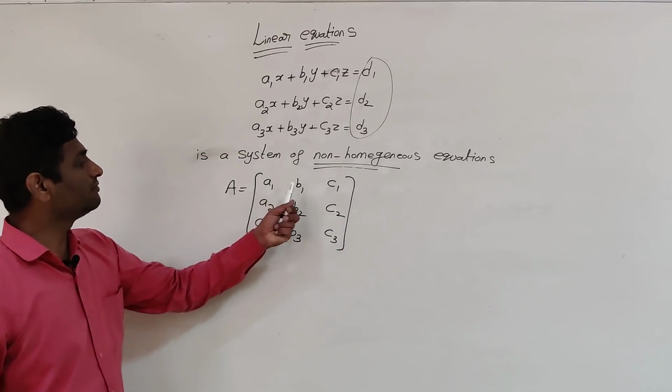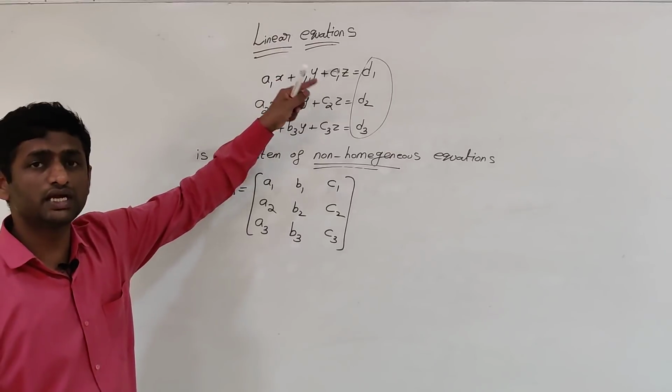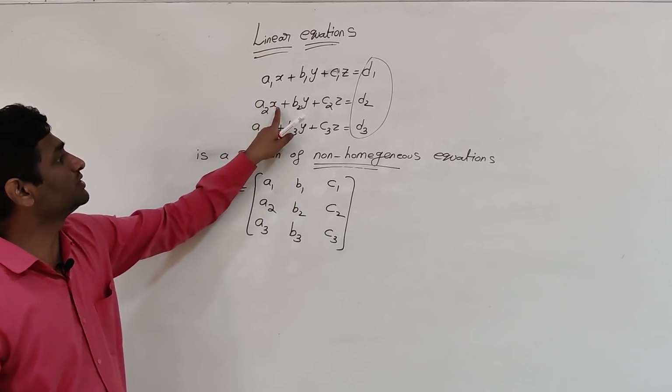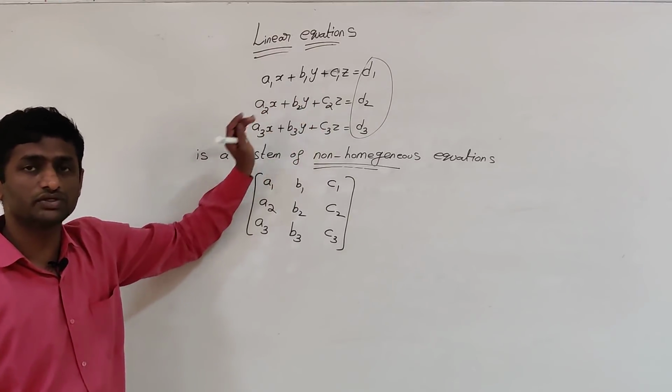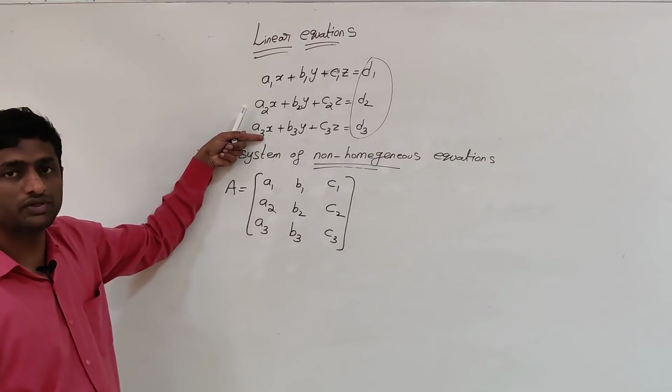So a1, b1, c1 represent the coefficients of x, y, z of the first equation. a2, b2, c2 are the coefficients of the second equation. a3, b3, c3 represent the coefficients of the third equation.